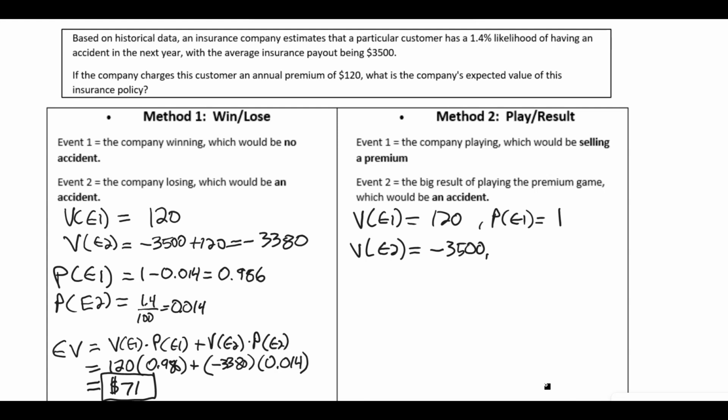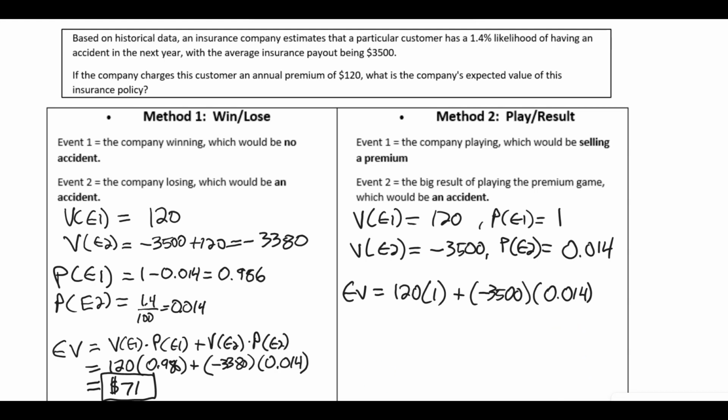Guaranteed they sell the insurance. And the probability of event 2 is 0.014. It's the same as on the left. Okay, so the expected value would be the value of event 1 times the probability of event 1 plus the value of event 2 times the probability of event 2.